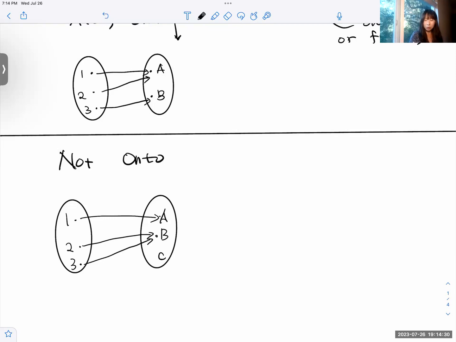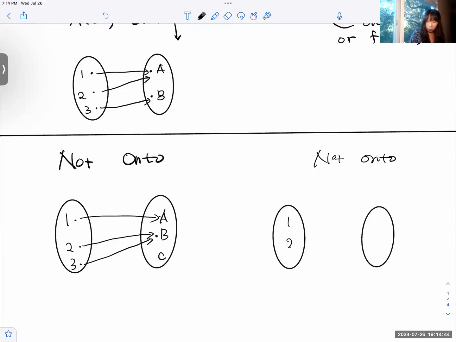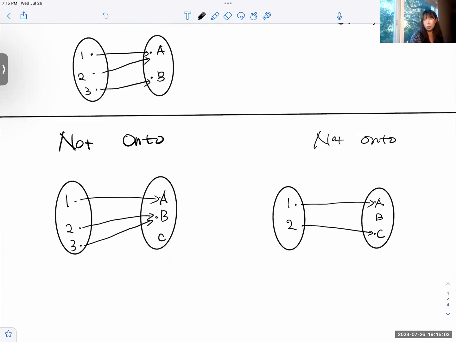So that is not onto. And this is not onto either. So 1, 2, A, B, C. 1 sends to A, 2 sends to C, but B does not have anything, right? So this is not onto.